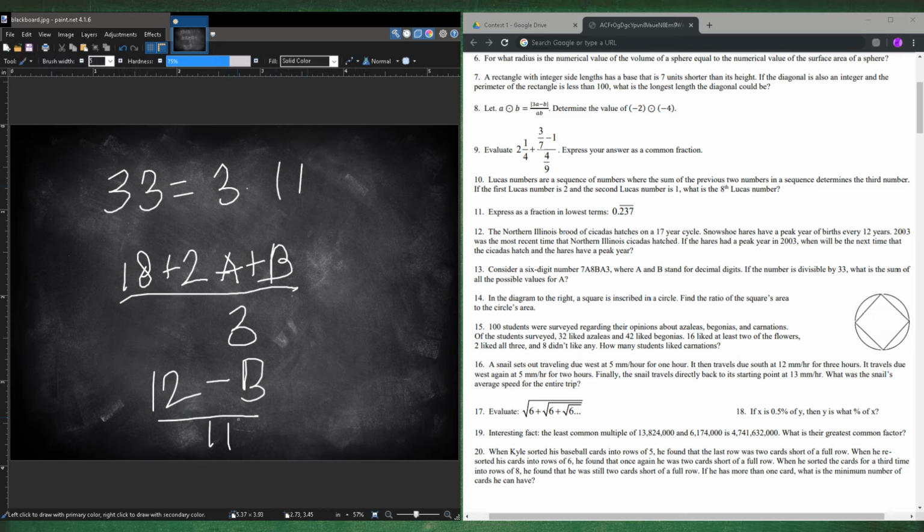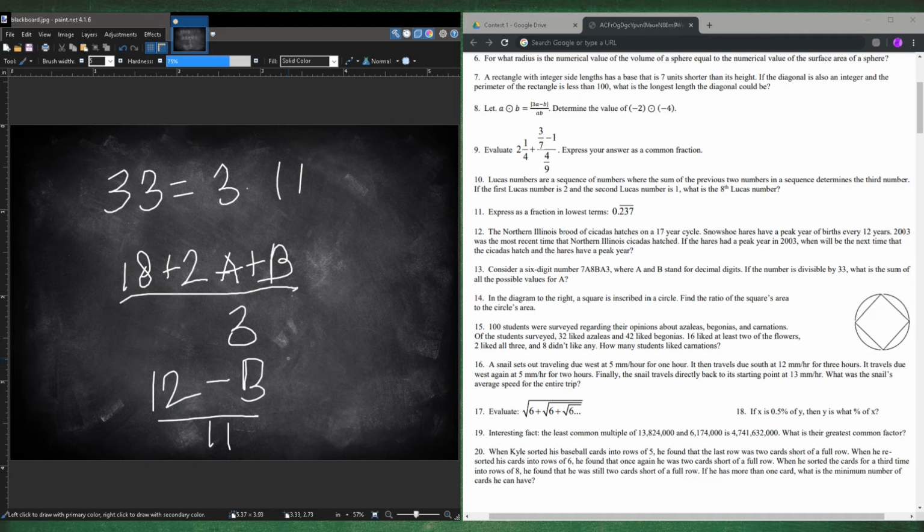So those are the divisibility rules for 11 and 3. What is the sum of all possible values for A? A and B have to be from 0 to 9, so you could start testing combinations, but you can just focus on 12 minus B being a multiple of 11. B can only be from 0 to 9.